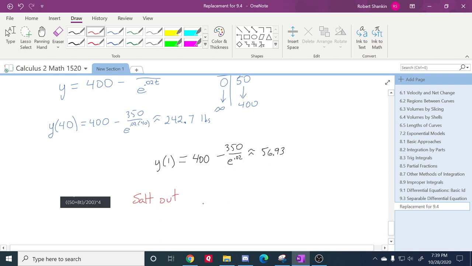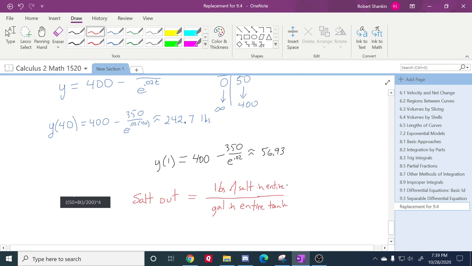What we want for the salt out is we're going to use this bigger idea of, for the whole tank, how many gallons are there in the entire tank at any time, T, and then what's the pounds of salt in the entire tank.